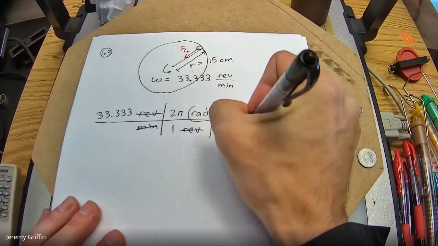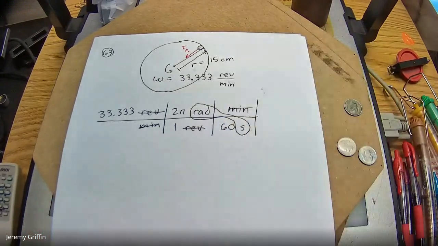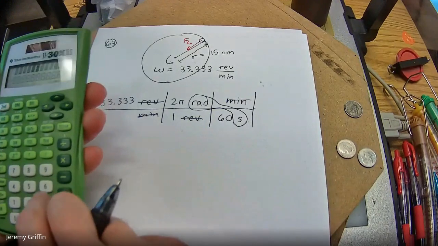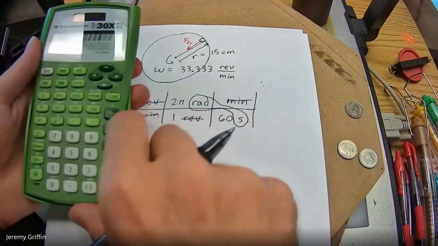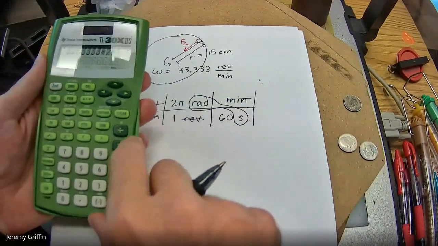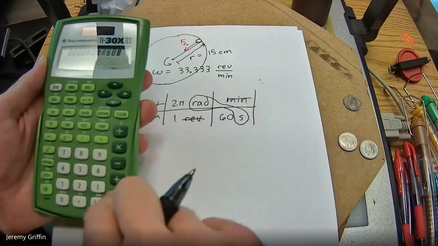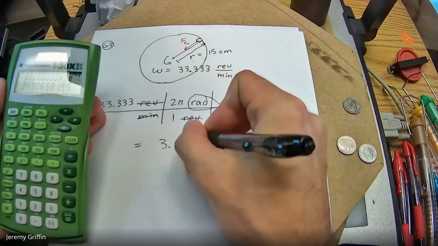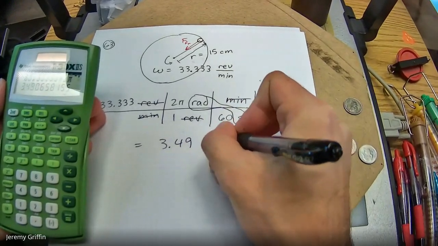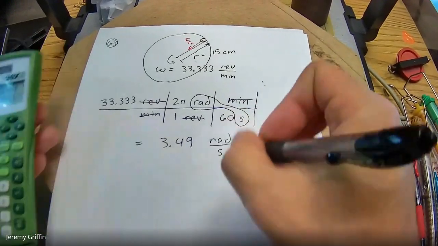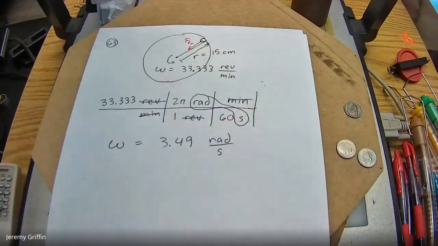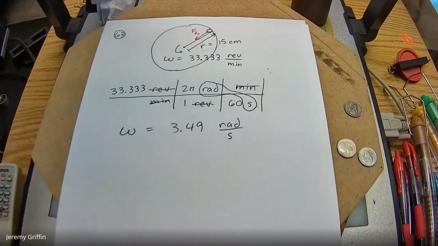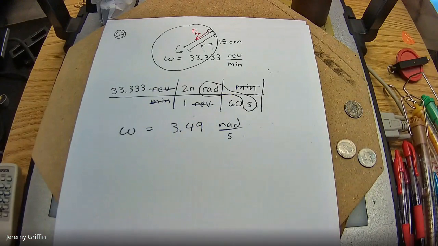That's radians per second. So let's go 33 1/3 revolutions per minute times 2 pi radians per rev, all divided by 60 seconds per minute. We're looking at 3.49 radians per second. So that is the same thing as 33 1/3 revolutions per minute. It's equivalent. It's just a different unit, kind of like miles versus meters.